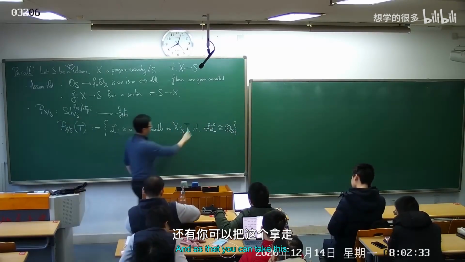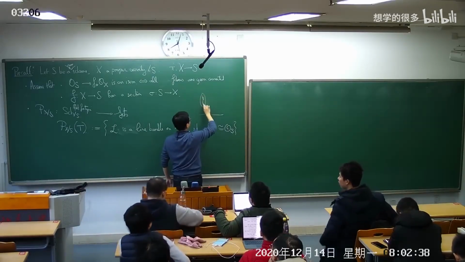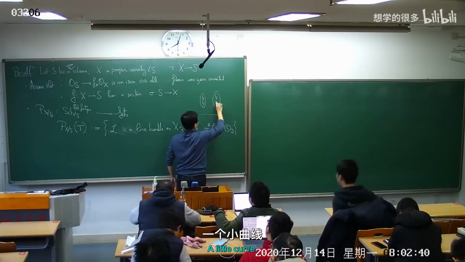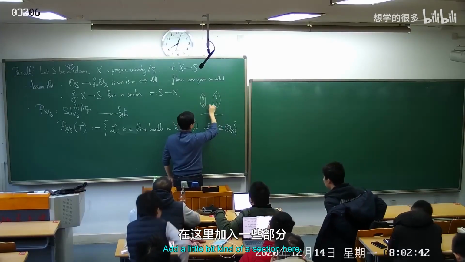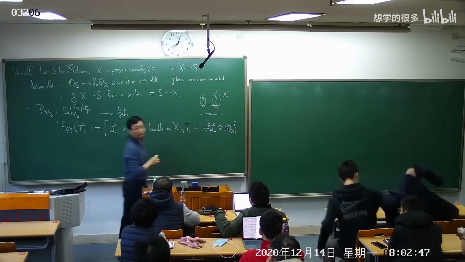In the sense that you should think of some sort of curve, and of course there's a section here. You want your line bundles to be trivial along the section.